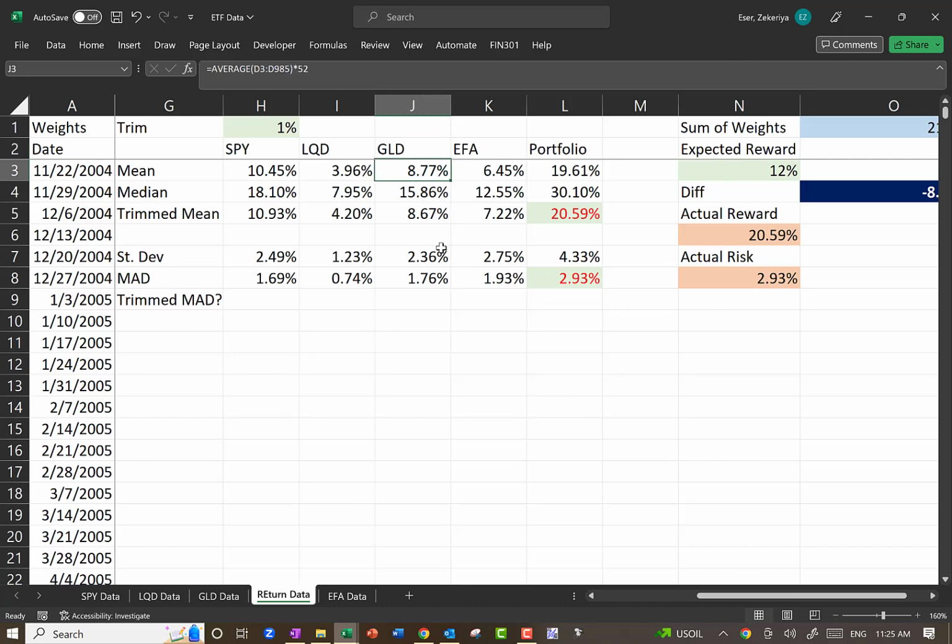Its reward is 877, or let's use the trim mean, and its risk is 176, okay? On the other hand, look at the portfolio that comprises of only SPY. It has a higher reward and slightly lower risk. So if these were your only choices, I told you that you cannot consider any other portfolio. Which one would you have picked? Gold or SPY?